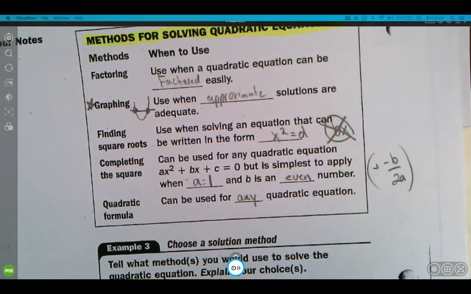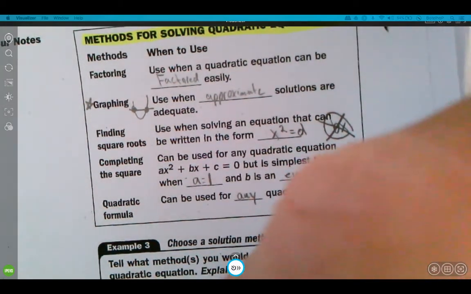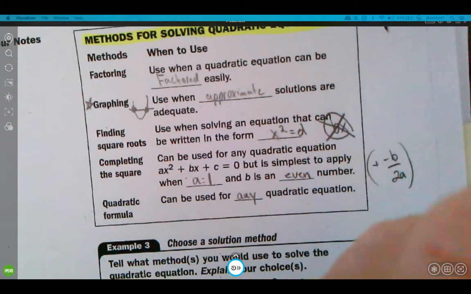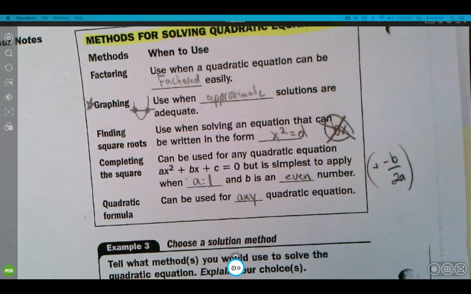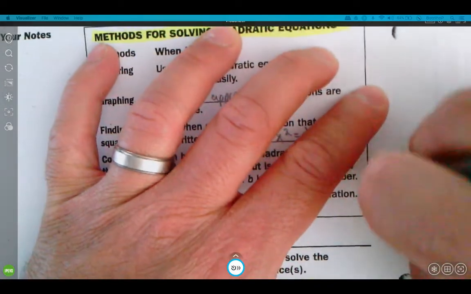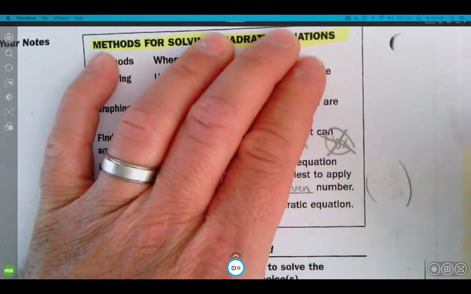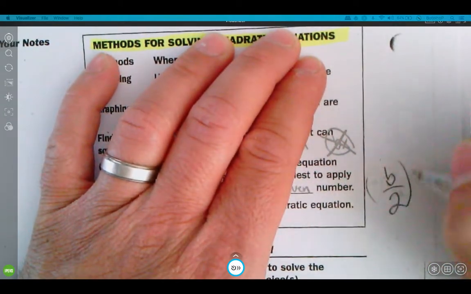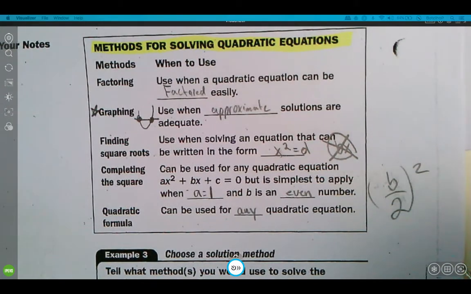Sorry, it's adding b squared divided by 2, I believe. Let me double check this. Yeah, b divided by 2, squared. My bad. Sorry, I knew that seemed wrong. So you add b divided by 2 squared to both sides and complete the square.